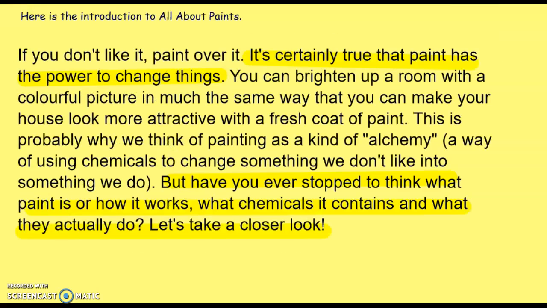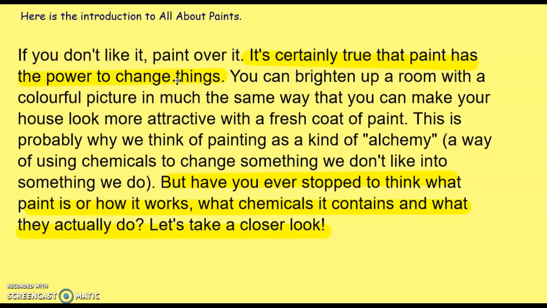We've read this many times, but in this introduction, the thing that makes it successful is that the topic is introduced. We know in these first few sentences, the text is going to be all about paint, because it's certainly true that paint has the power to change things. We know that in this text, it's going to explain to us how paint can change different things.